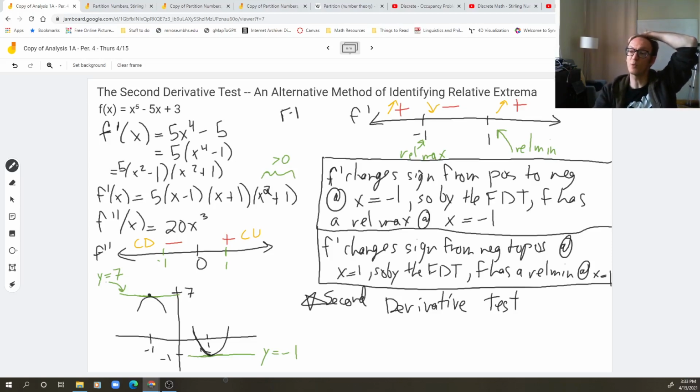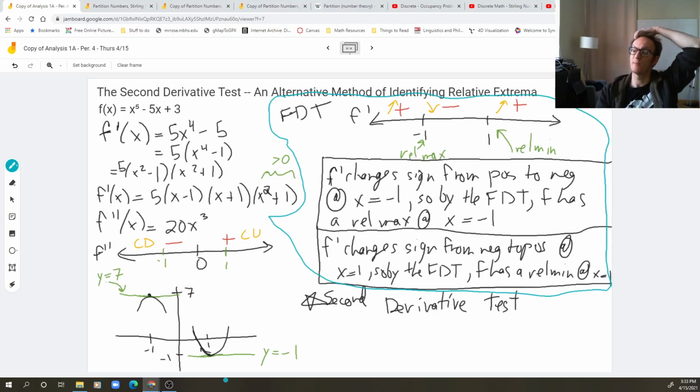So method number 1 for finding and justifying relative extrema is doing all of this. We not only found where the first derivative was 0, but we made a sign chart for the first derivative, and we applied the first derivative test, which says that when there's a sign change in the first derivative, you have a relative max or a relative min.